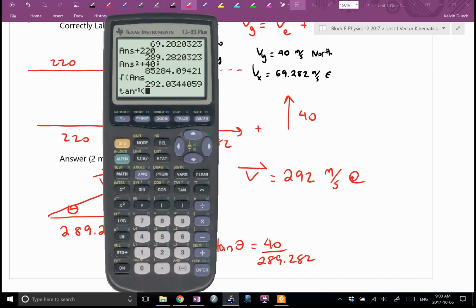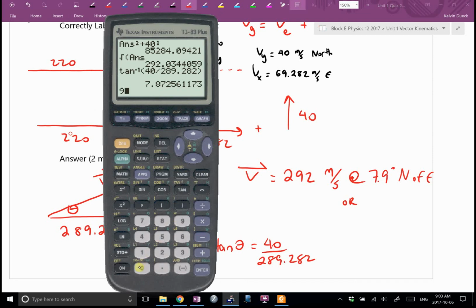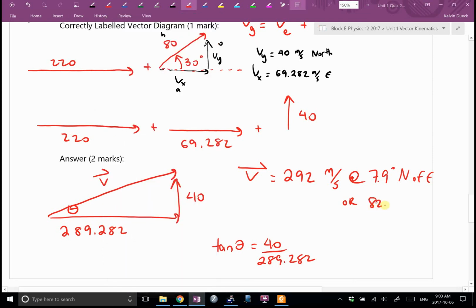So shift tan 40 over 289.282 gives 7.9 degrees, 7.87. I'm going to go 7.9 degrees. North of south, east of west, what of what? This is north of east, or 82.1 degrees east of north.